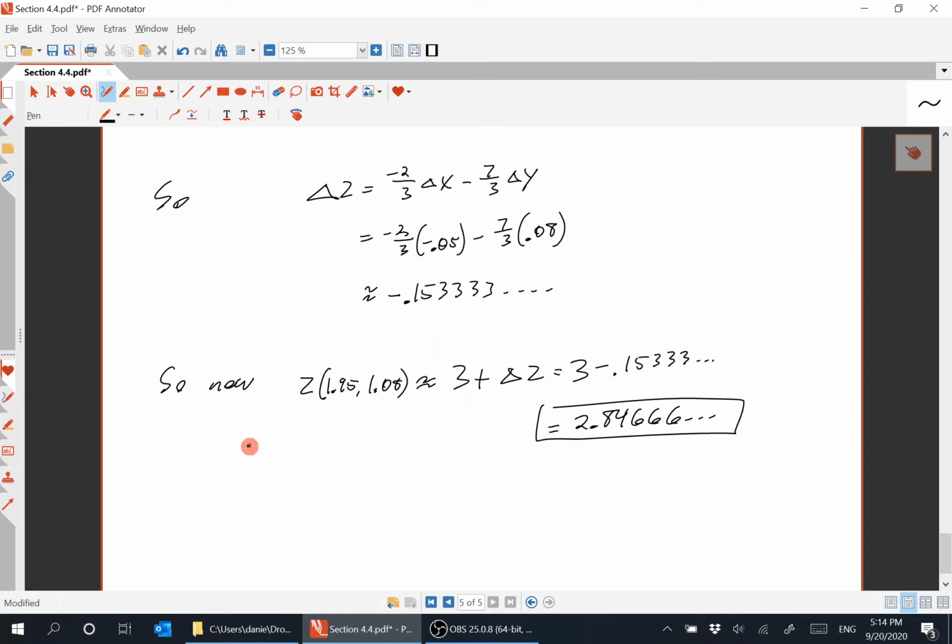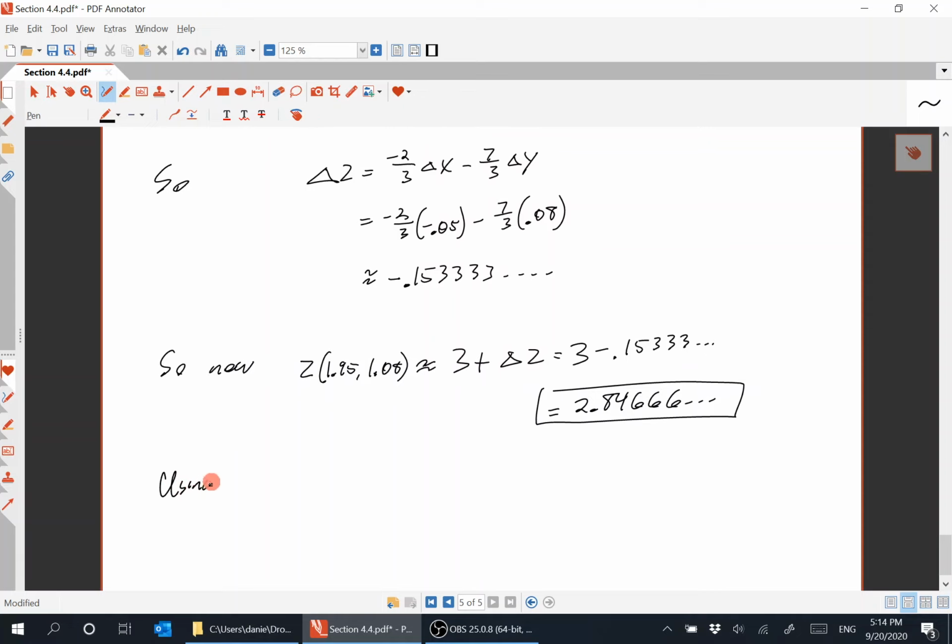Using a calculator, z(1.95, 1.08) is equal to the square root of 20 minus 1.95 squared minus 7 times 1.08 squared.